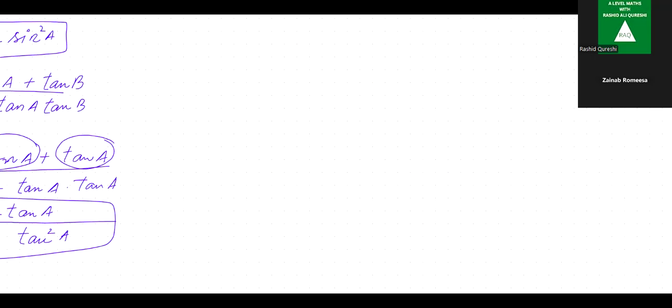The first formula is sine of 2A is equal to 2 times sine of A into cos of A. Then cos of 2A: the first formula is cos square of A minus sine square of A. Second formula is 2 cos square of A minus 1.